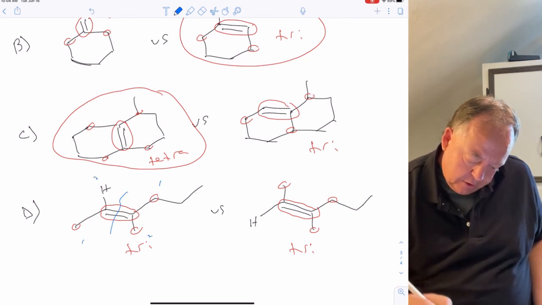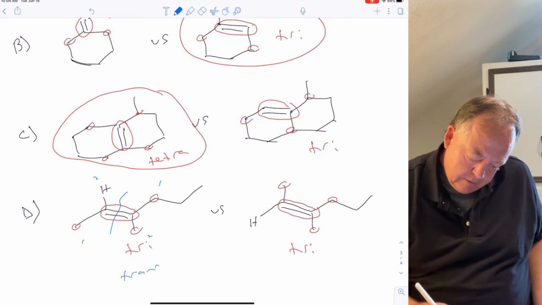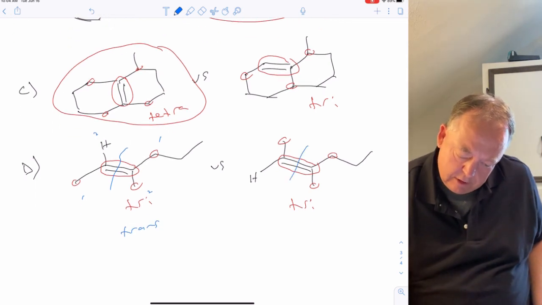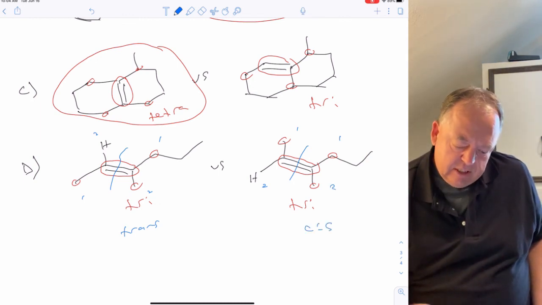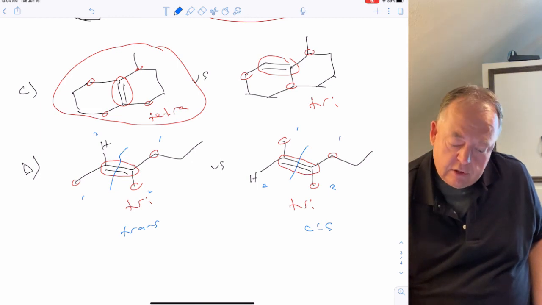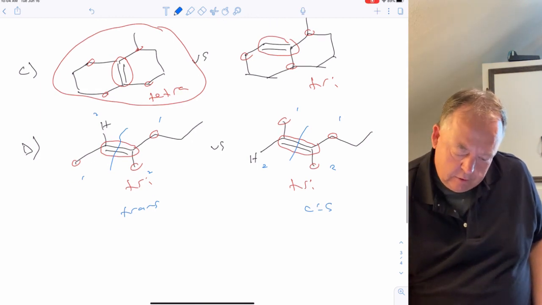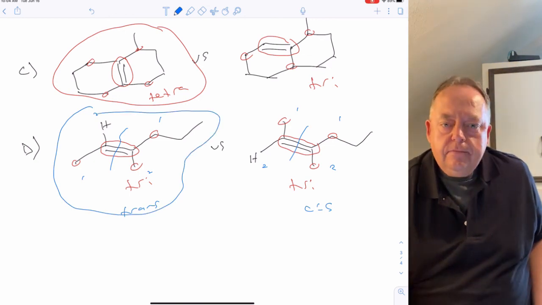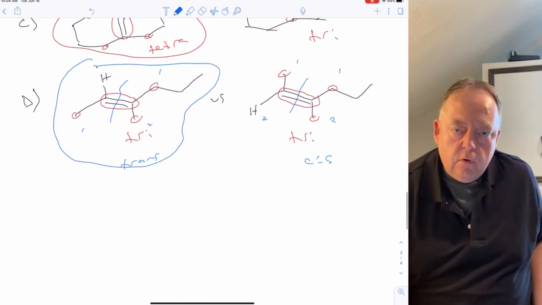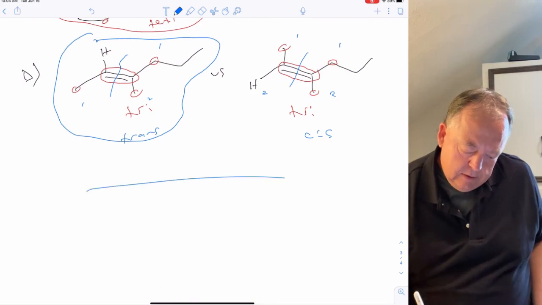That's priority 1 and 2. So this is a trans isomer. And if we split that, that's 1 and 2. That's 1 and 2. This is a cis isomer. So these are just stereoisomers of each other, not constitutional isomers. And so, of course, the trans is more stable than the cis, so that would be the one that's more stable. All right, so hopefully that made sense, and we'll stop there.